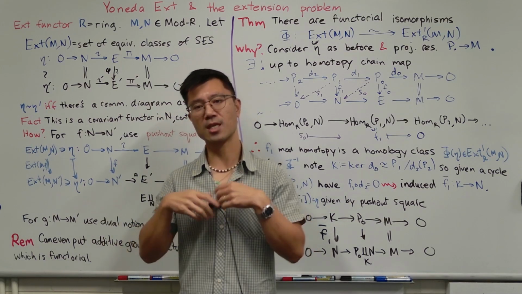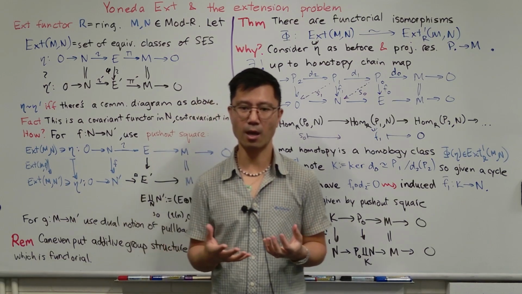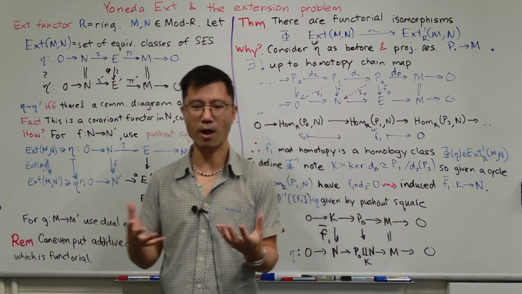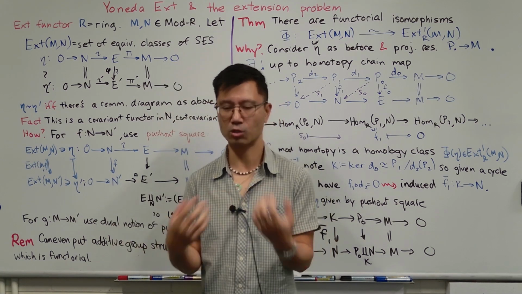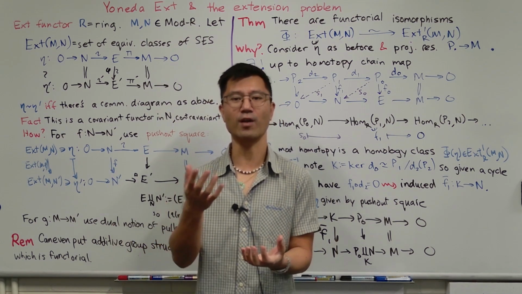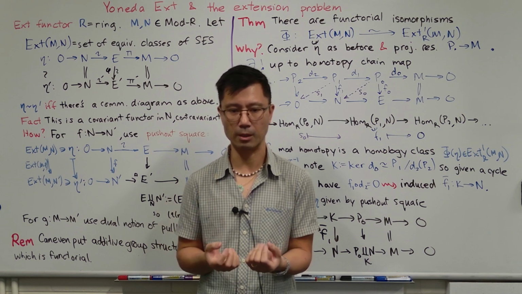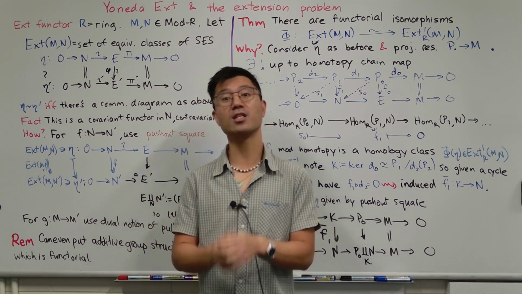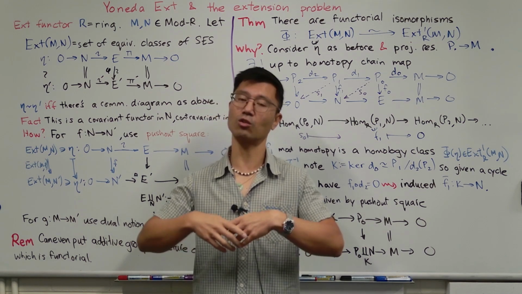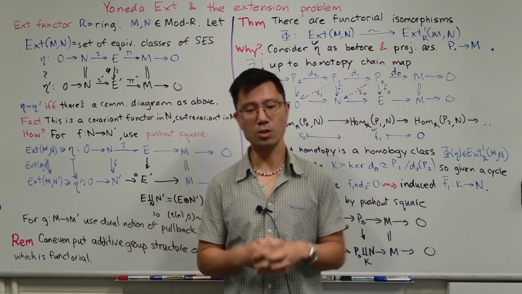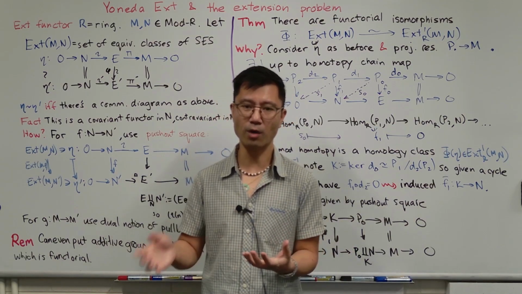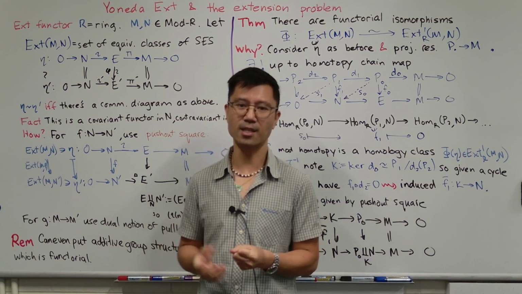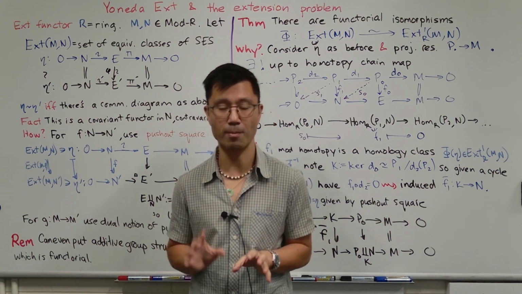You introduce these derived functors, and for the most part, these derived functors are usually just abstract tools used to study the original functor that you're interested in. So for example, if you're interested in the Hom functor, you just need to look at Ext functors. But it also turns out that usually for small values, the first few derived functors, there are often interesting interpretations of them as well.